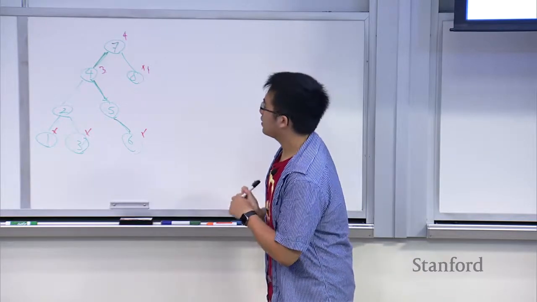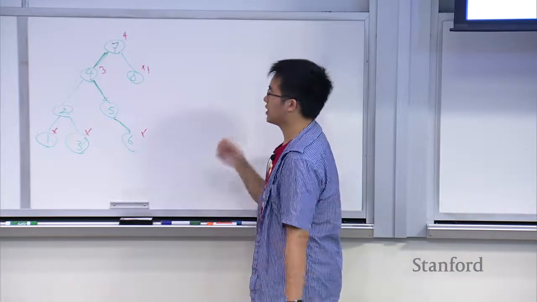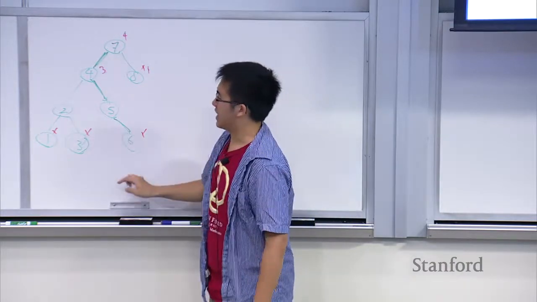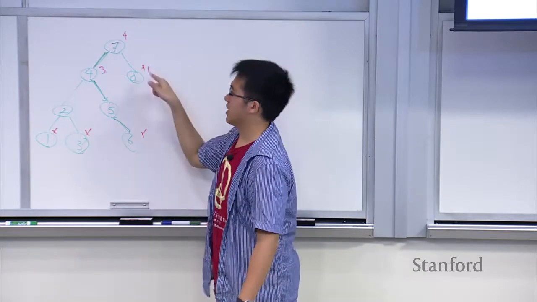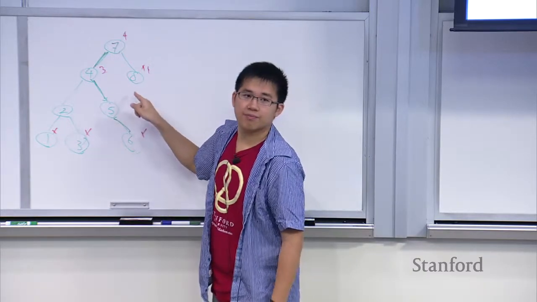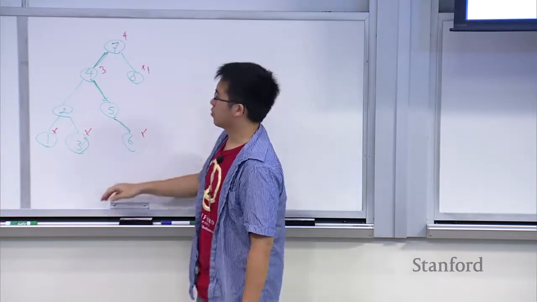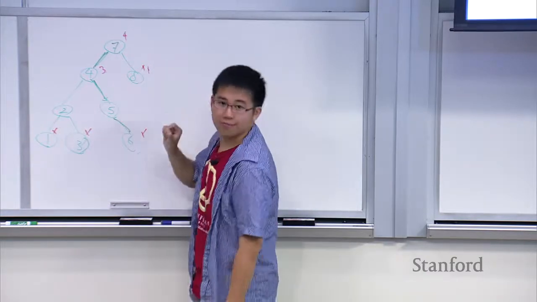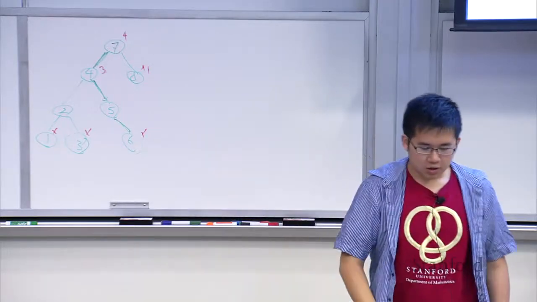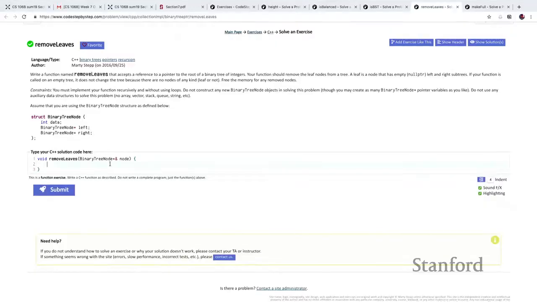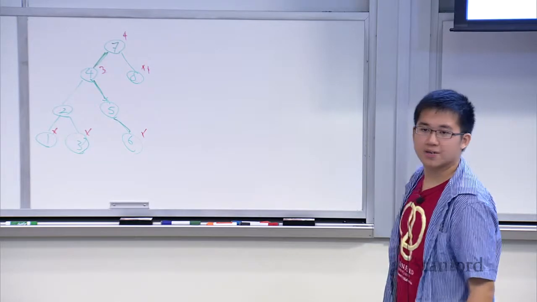Okay. So what we're going to do in this function is we're going to essentially go through the tree and delete, or rather remove all the leaves, and also free all their memory. So after this function's done, we should not have these nodes anymore. Make sense? Okay. So to remove the leaves, we have to find a way to go through the function and figure out where the leaves are.